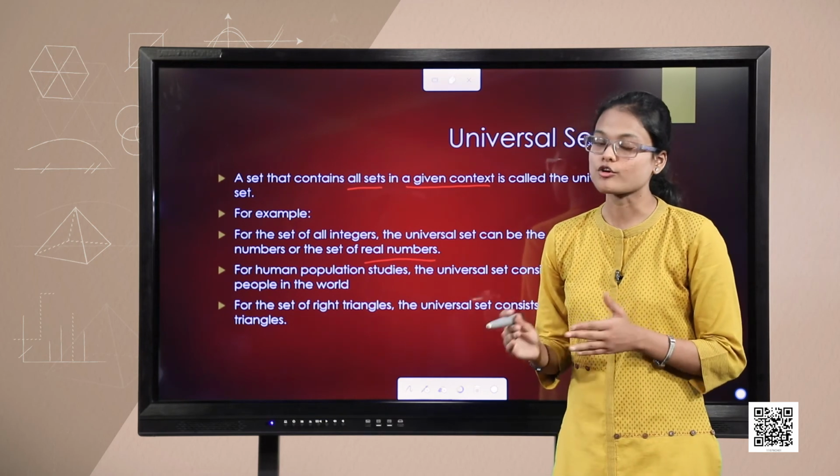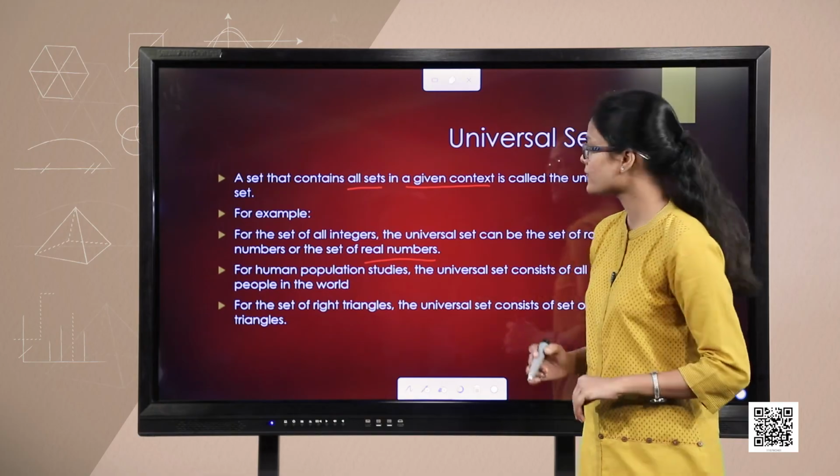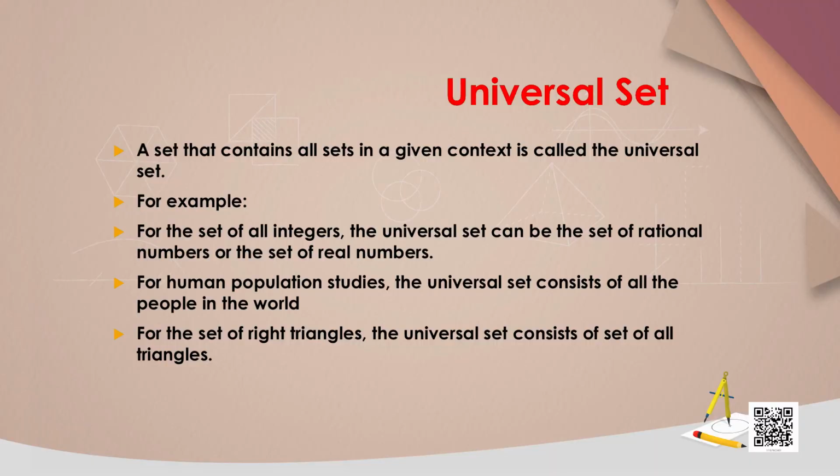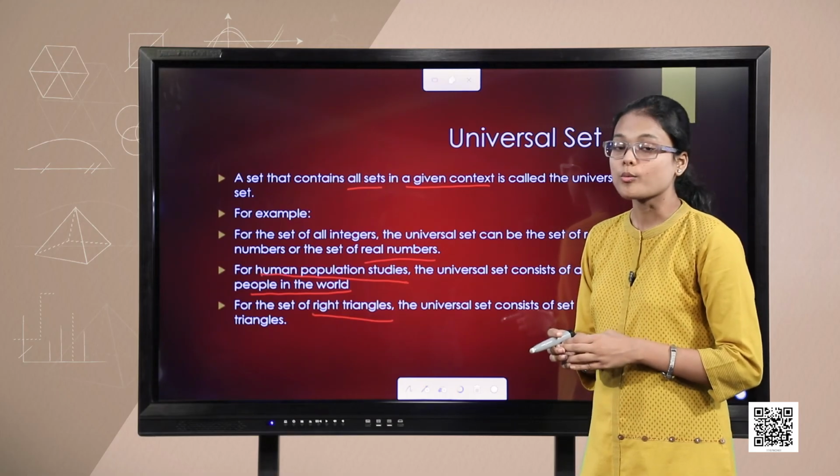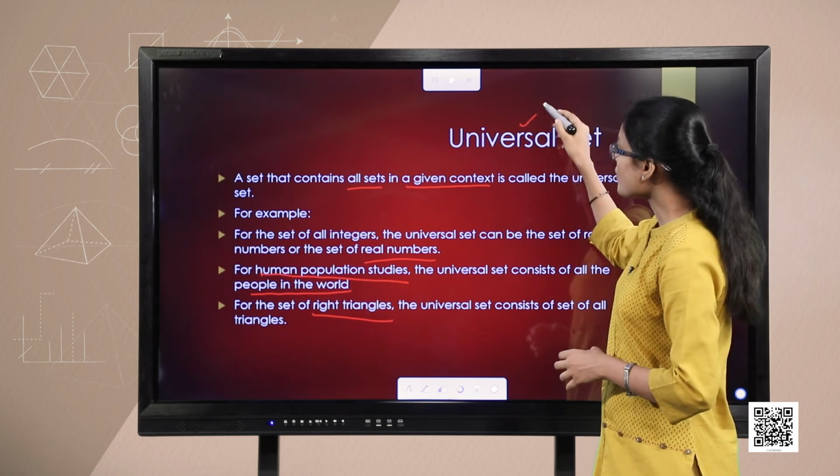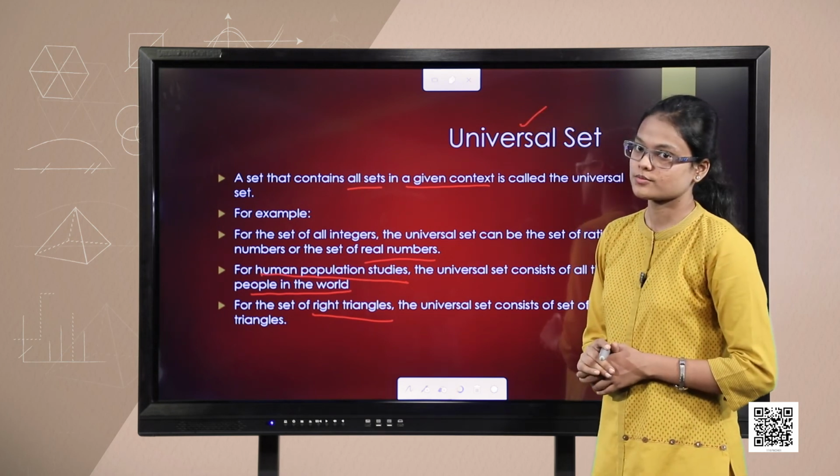It can differ from context to context. Next example, for human population studies, the universal set consists of people in the world. Last example, for the set of right triangles, the universal set can be the set of all triangles. Students, hope you have understood what a universal set is.